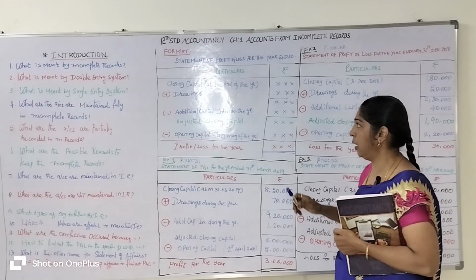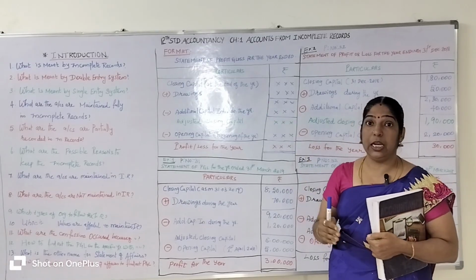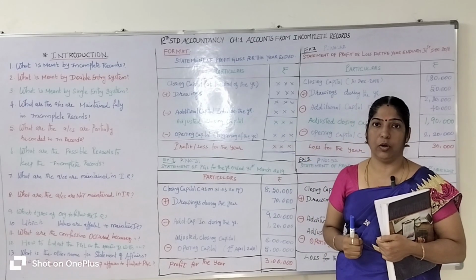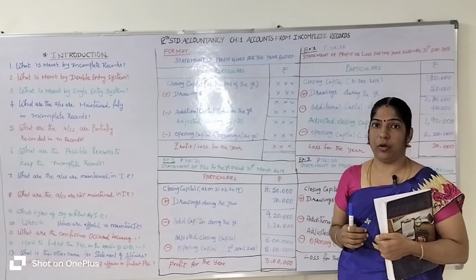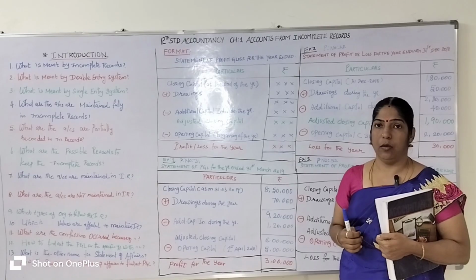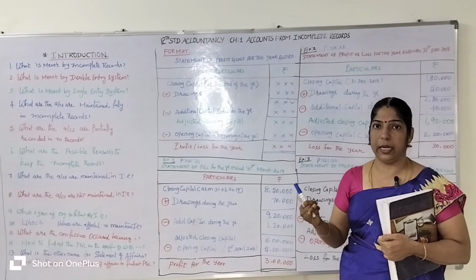Listen carefully. We need only 4 pieces of information to find out the profit and loss under the statement of affairs method. What are they? Closing capital, opening capital, additional capital, and drawings.